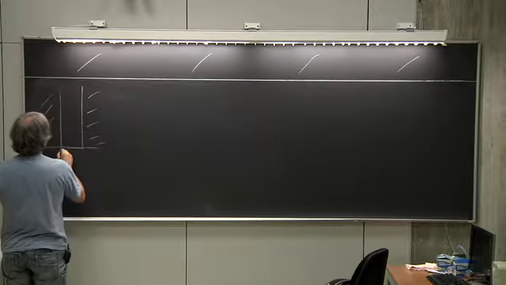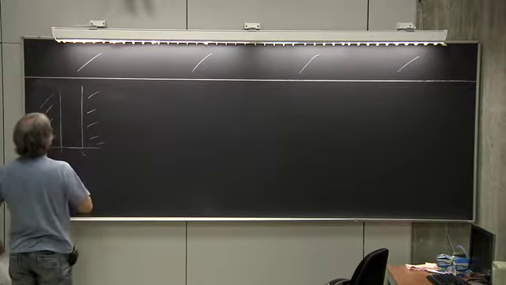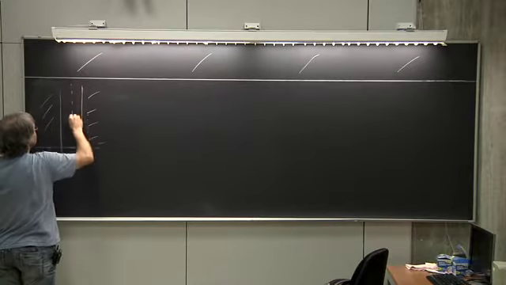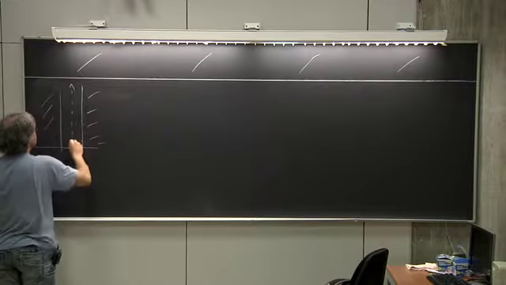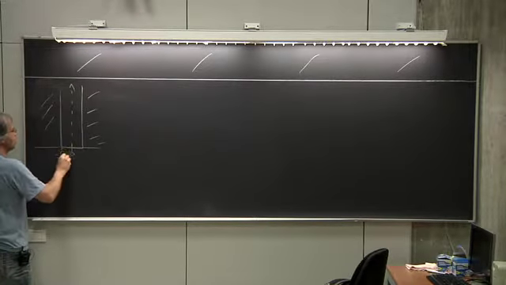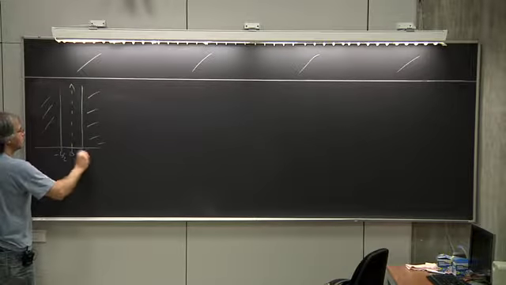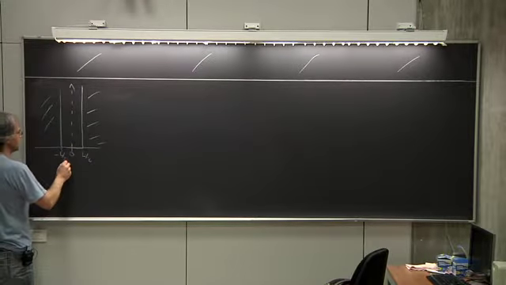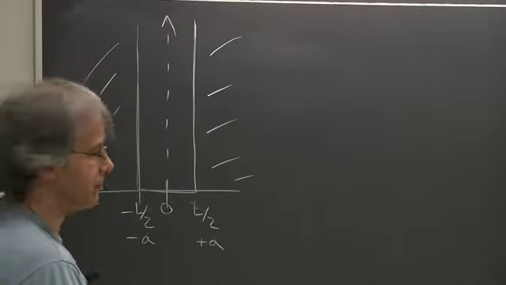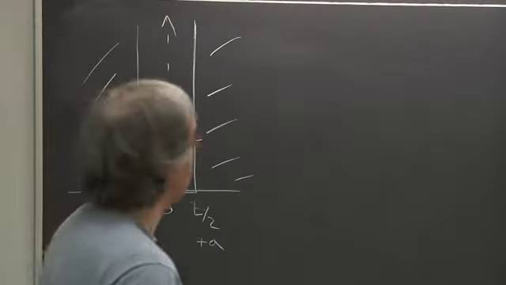Either in 0, L or sometimes a better choice, an alternative choice of coordinates, is 0 here and minus L over 2 and L over 2. Or you could call it minus A and plus A, whatever, okay? Doesn't matter, depending on what you really want.